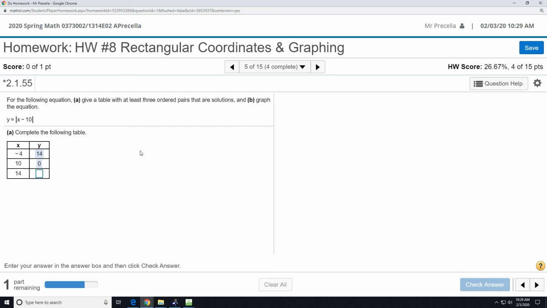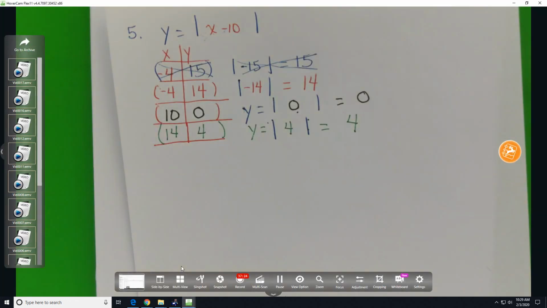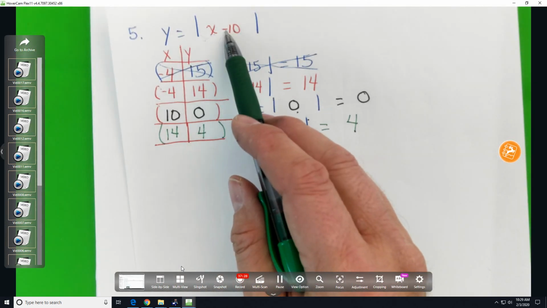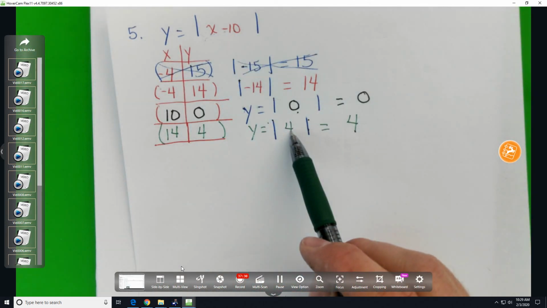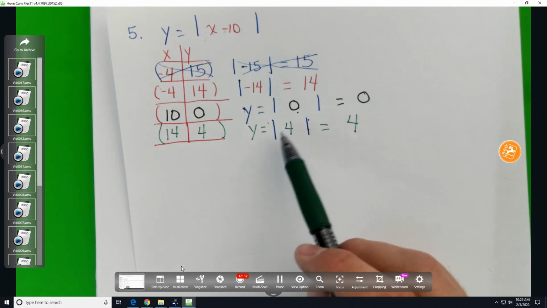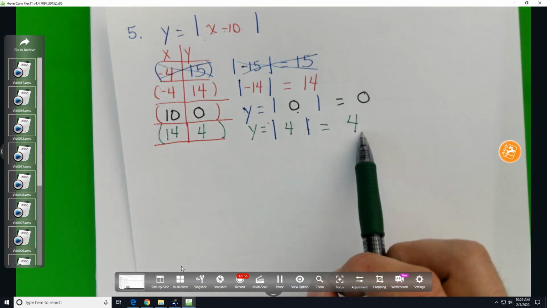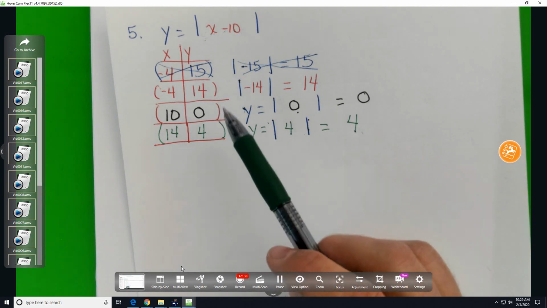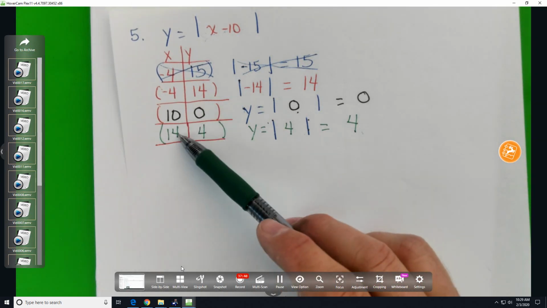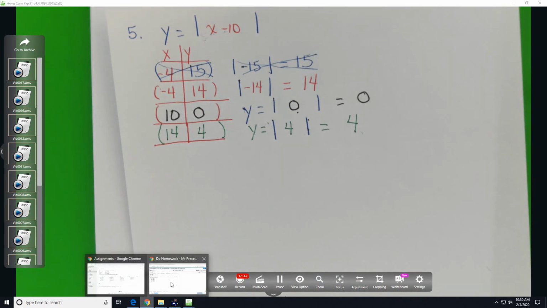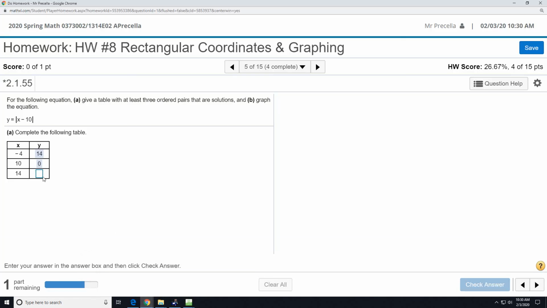Oh, there I am, writing and writing. Okay, so I'm plugging a 14 in for x. 14 minus 10 is 4. The absolute value of 4 is 4. So I take the three numbers they gave us and plug them in for x. What was this last number here? 4.